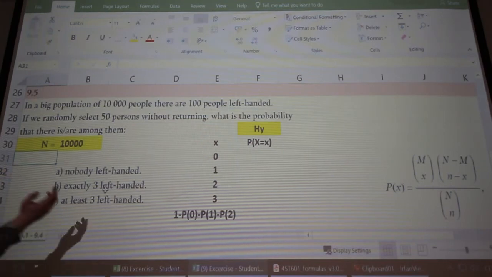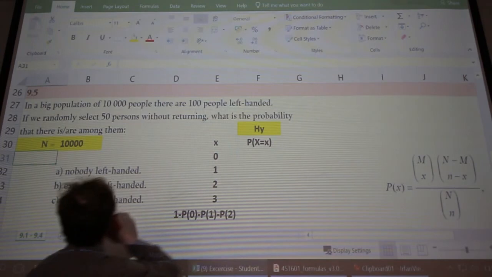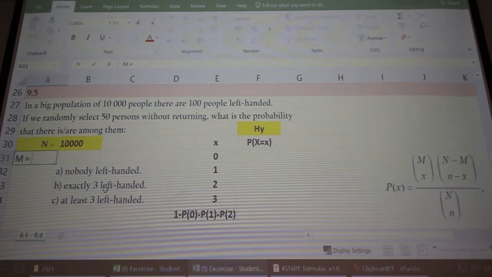Another important parameter which will be used in our calculation is capital M. Capital M is equal to 100. I will use left alignment, bold and yellow. So this will be another important thing for us.